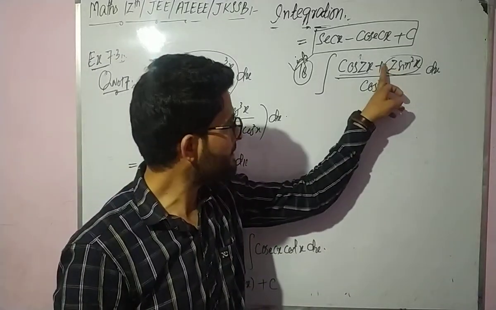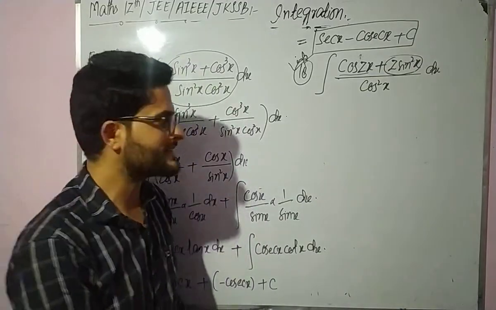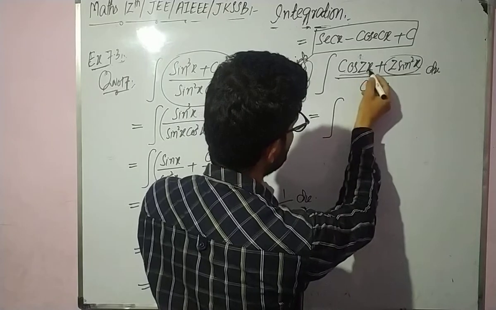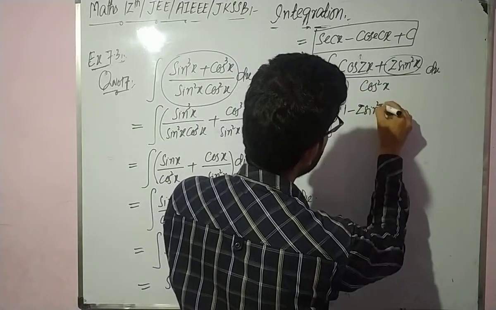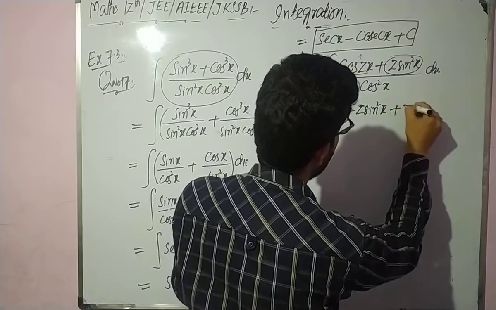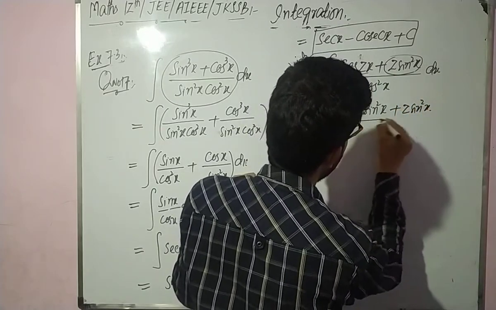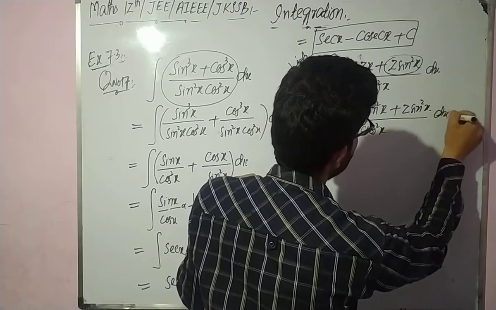Minus twice sine square a plus twice sine square a will cancel out, the remaining result would be 1. So that can be written as integration of cos 2x is 1 minus twice sine square x, plus twice sine square x divided by cos square x into dx.